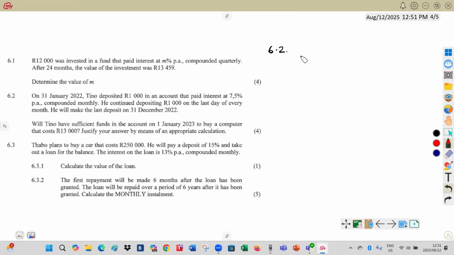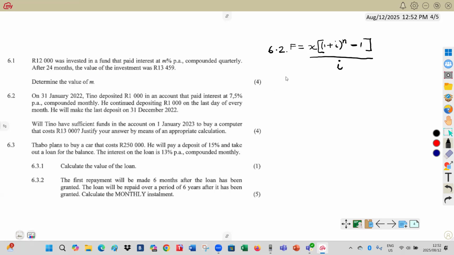So here we have the formula, which reads F equals X, then bracket, 1 plus i to the power n minus 1, all over i.